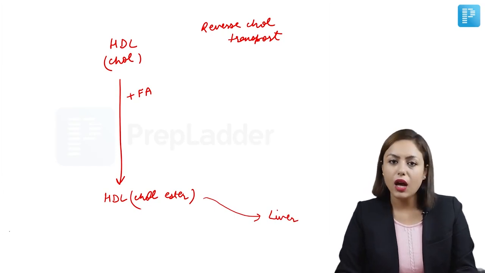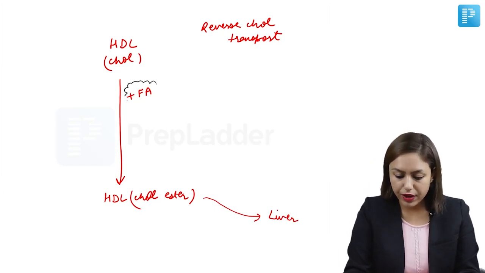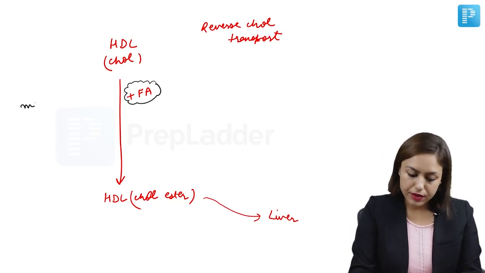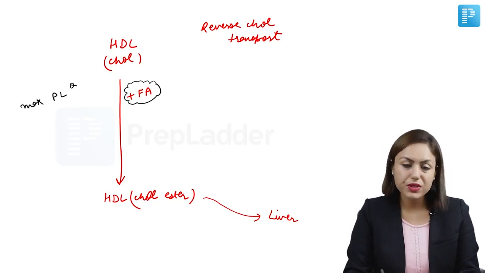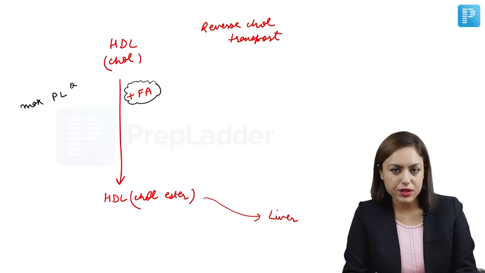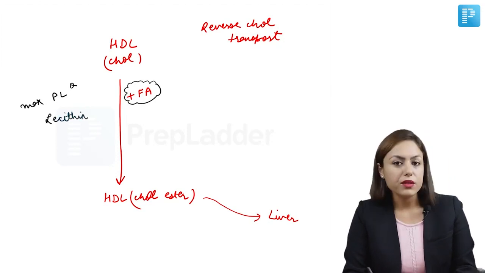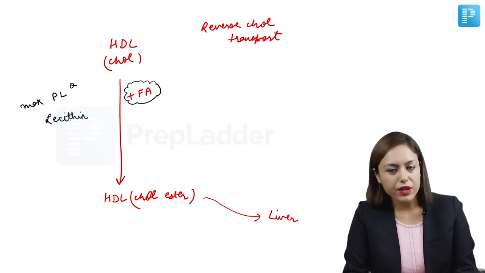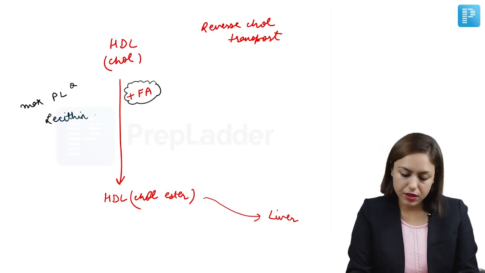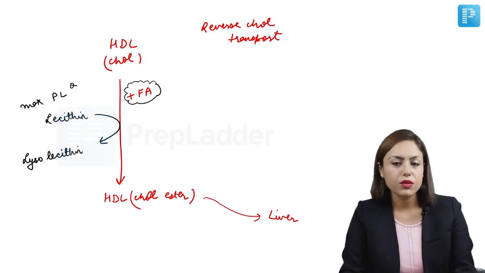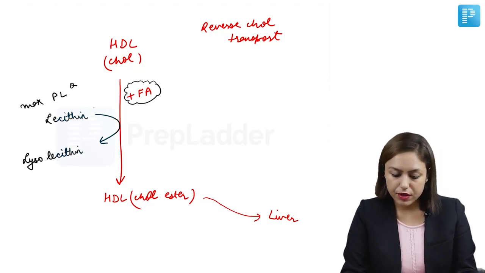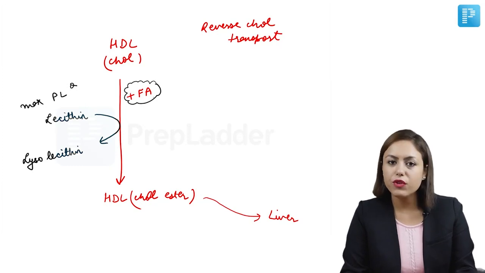Now we have to see that how HDL adds this fatty acid. HDL has maximum phospholipids out of all the lipoproteins, right? This phospholipid is lecithin. In the structure of lecithin, there are two fatty acids. One fatty acid will be taken from lecithin and the structure left is known as lysolecithin. Okay. This one fatty acid will be taken from lecithin and given to cholesterol.